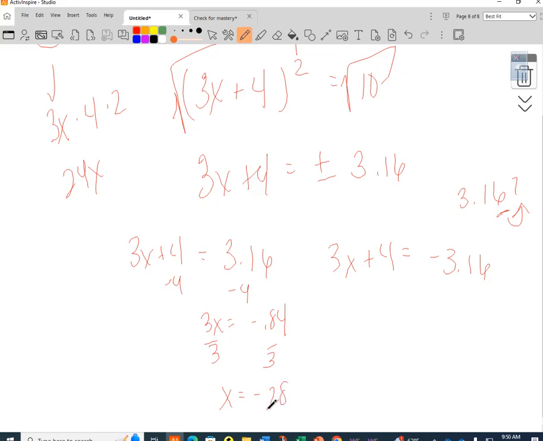Okay. So here we're going to subtract 4 again. So now we have 3x equals negative 7.16. Now what are you going to do? And so now I also can't remember what that is. You do that for me.